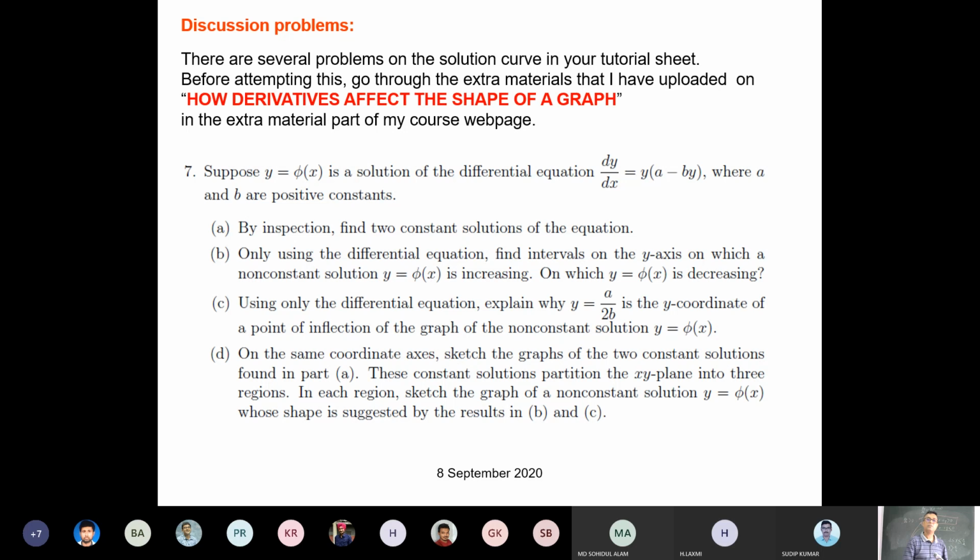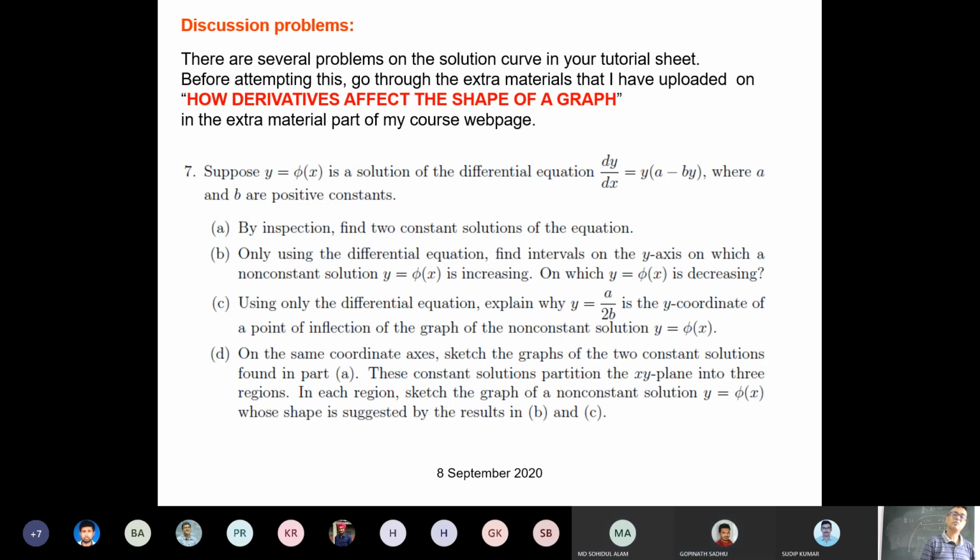So you know that a point of inflection is simply given by what? If a curve is given by y equal to phi of x, how can you find out the point of inflection? Double derivative is 0.